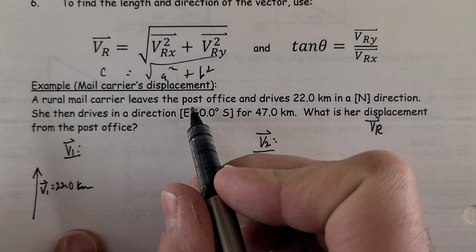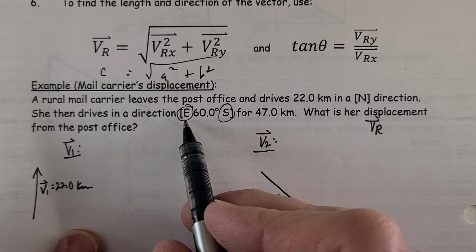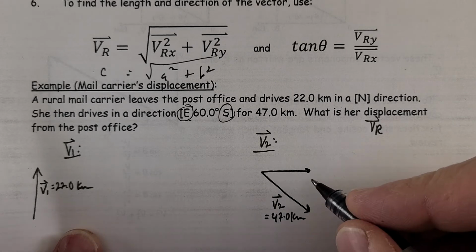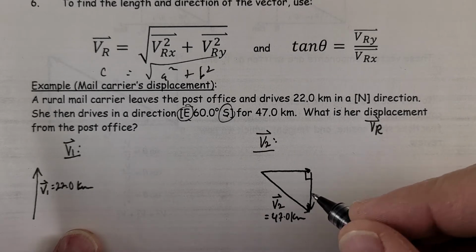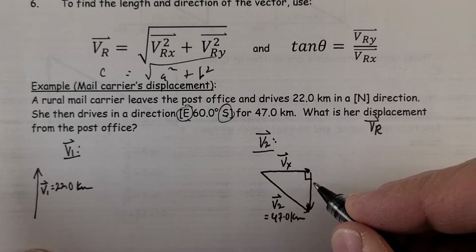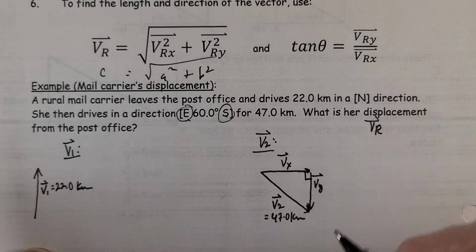Now east, the interesting thing is that it gives us our two components. Go east, then south. Go east, then south. And so it's made up of an X movement and a Y movement.